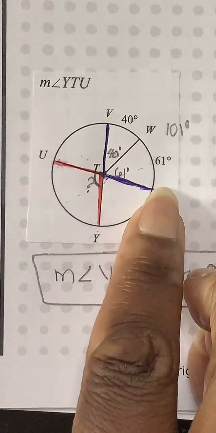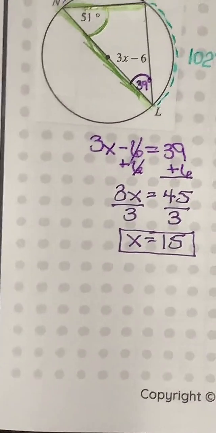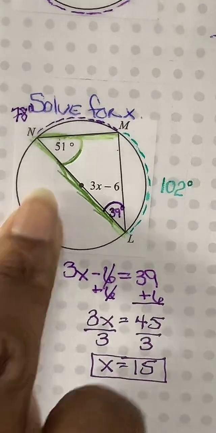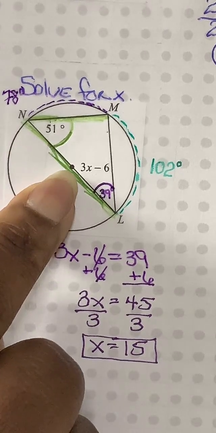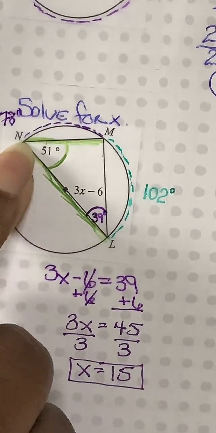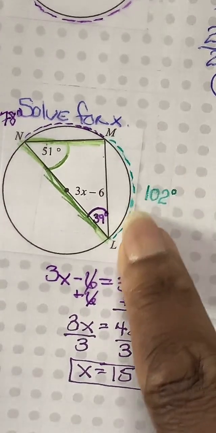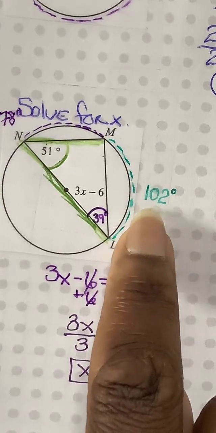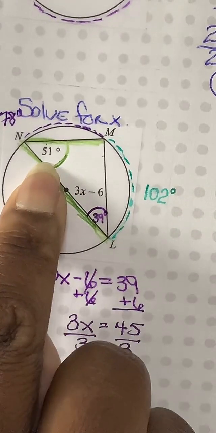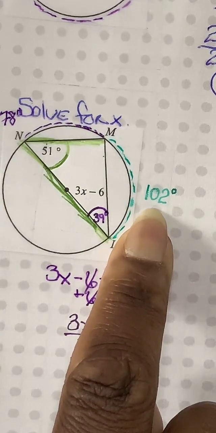And a lot of people carry that over when you see the inscribed. Okay, when you're looking at an inscribed angle, that means the vertex is not on the center, it's on a point on the circle. The measure of its arc is double the angle, but the measure of the angle is half its arc.